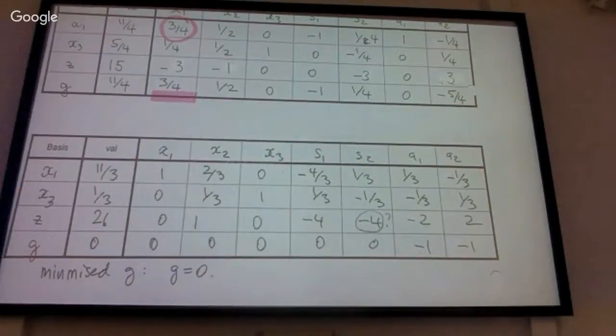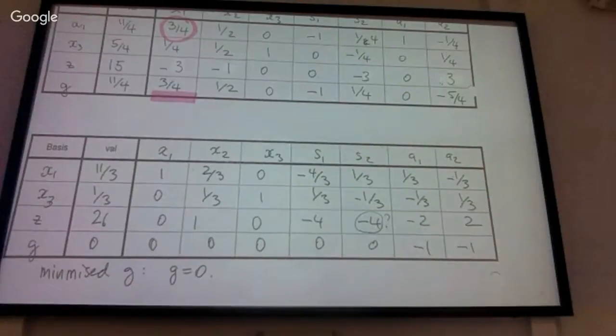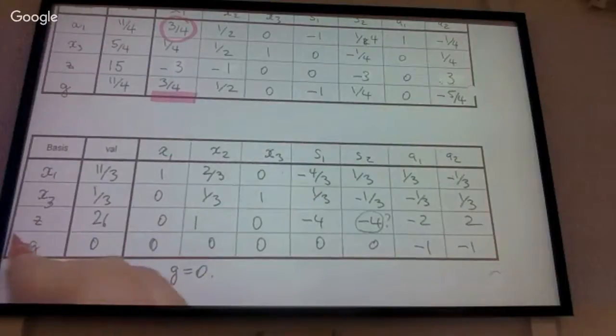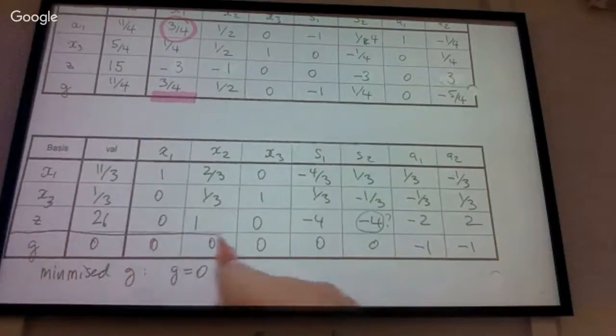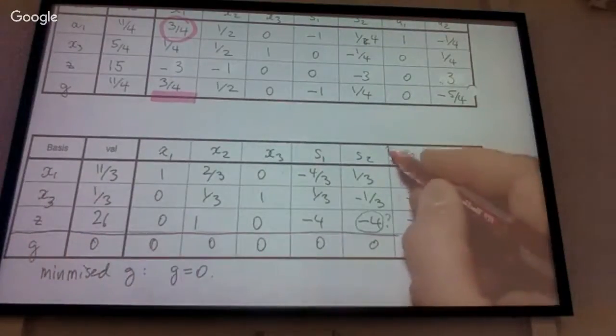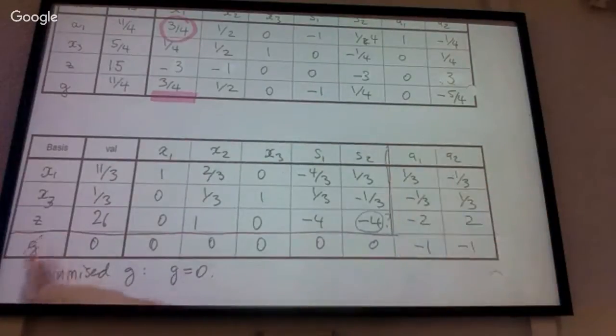So now, what you do in this situation is look here. And now what I said was we can throw out the A's, A1 and A2. And the way we throw them out, for example, is that we just throw them out. So this goes away.